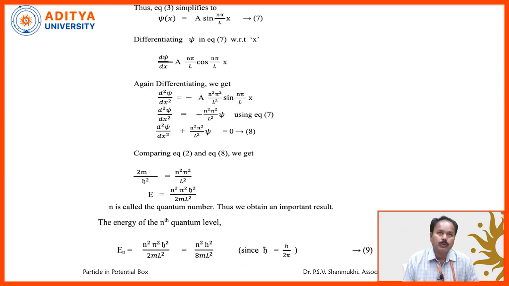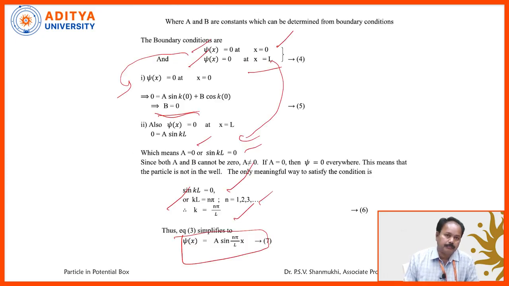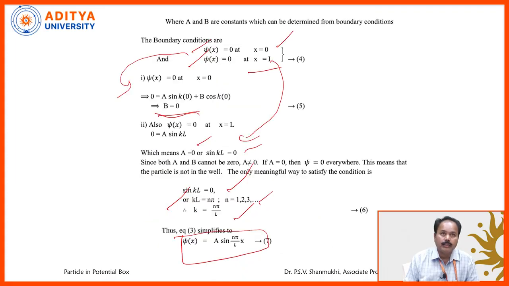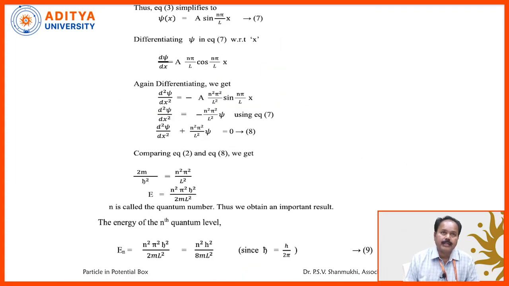For that one, you observe here, in the previous first equation, this is d square psi by dx square plus something into psi is equal to 0. So in that form, I just write here d psi by dx. Differentiate equation number 7.